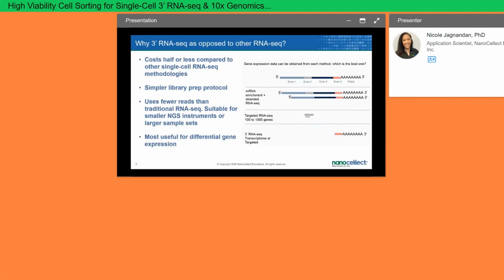And because it uses fewer reads than traditional RNA-seq, it tends to be more suitable for labs that may have smaller NGS instruments or potentially larger sample sets, amending that protocol for those particular use cases. And then again, just to reiterate, 3' RNA-seq is typically most useful to figure out differential gene expression from different sample sets.